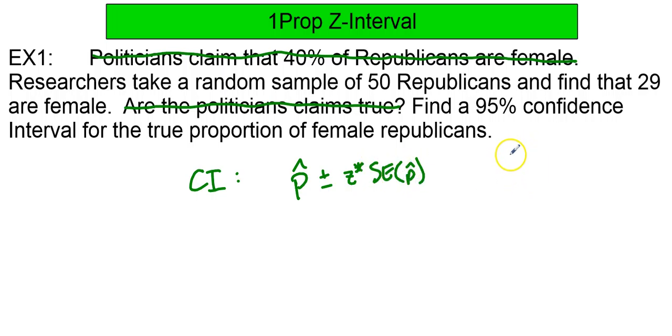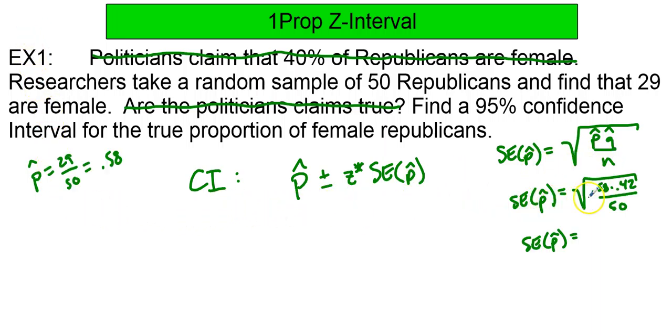All right, we already calculated the standard error of the p hats on the last one. So that's going to be the square root of p hat times q hat over whatever our sample size is. Our p hat is 0.58, q hat is 0.42 over 50.